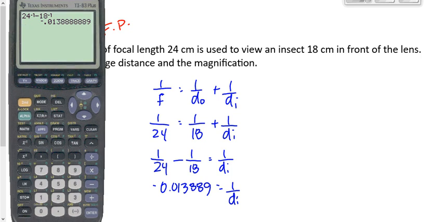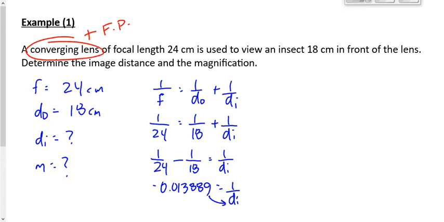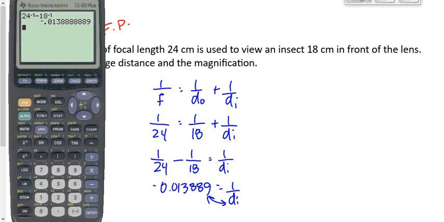How do you solve for DI? Take the DI up and the 0.01 down. In other words, take 1 over this. X to the minus 1. So 1 over 24 minus 1 over 18, enter, and then say x to the minus 1, and you get a value of negative 72.